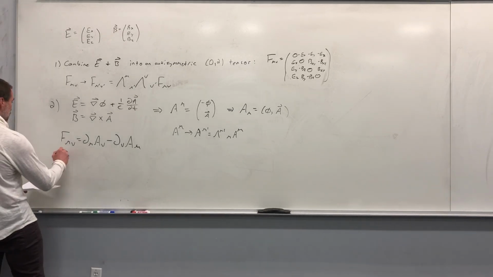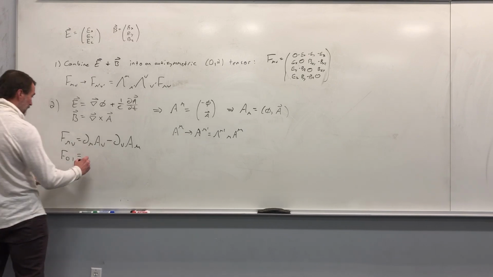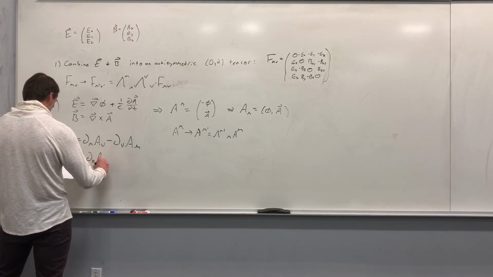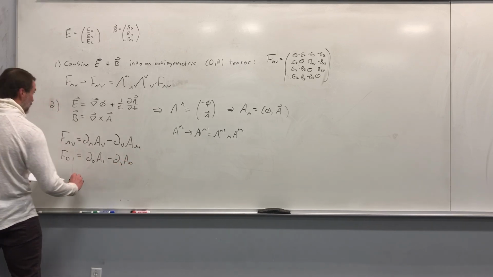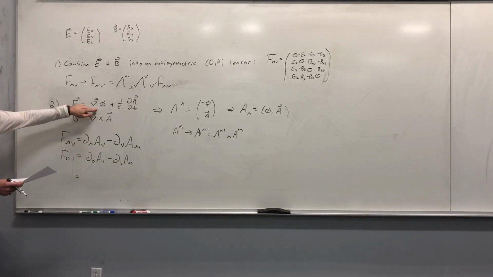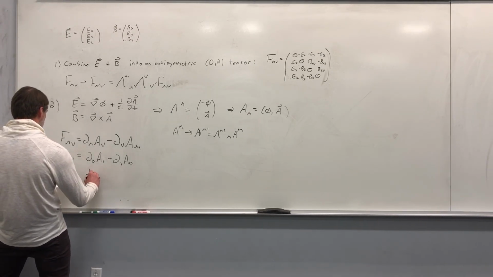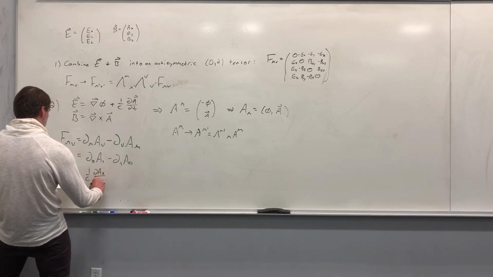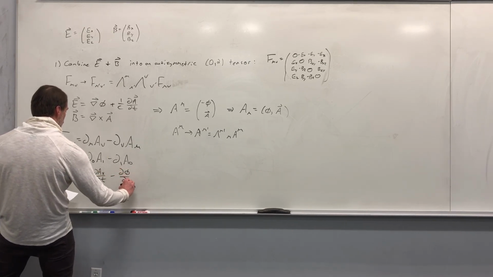So just as a quick example, if I want to calculate the F01 term of this, that would be D0A1 minus D1A0. If you think carefully about this expression, this is just going to be 1 over c dAx dt minus d phi dx.